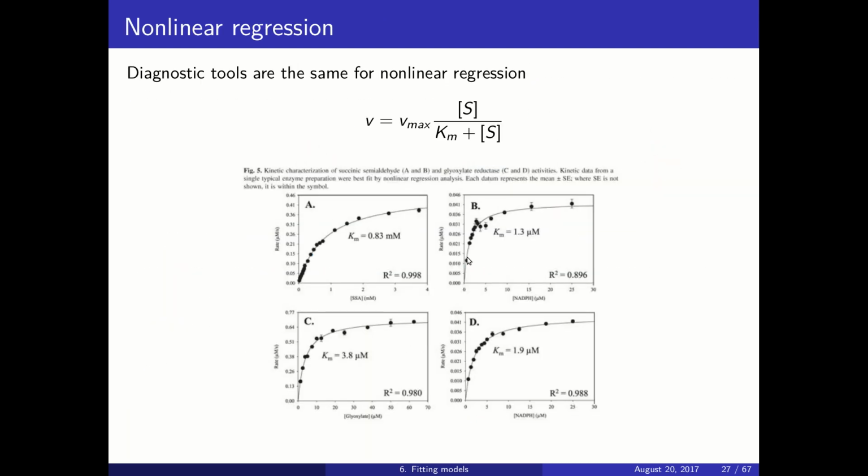And here we have a simple example of that. Let's say that the chemical reaction speed as a function of the concentration of the substrate is given by this kind of function. And you have come to this function after a physical derivation.